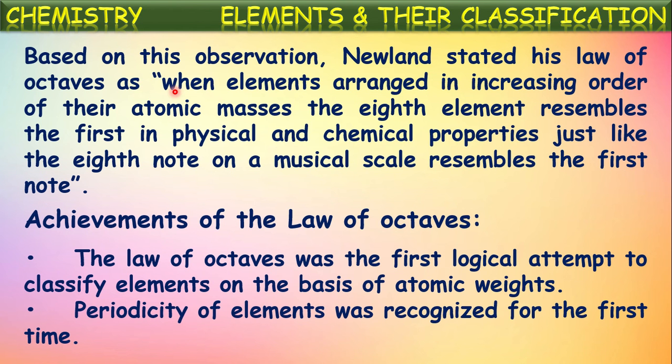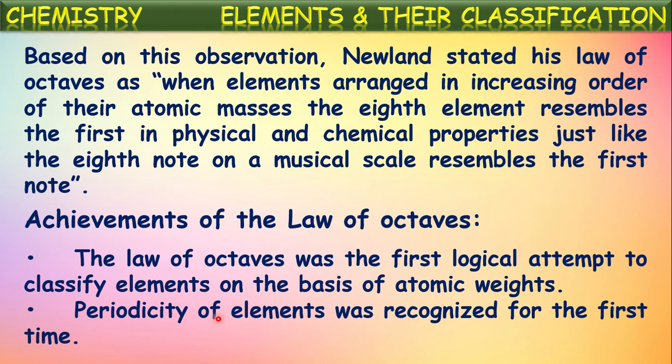Periodicity of elements was recognized for the first time. This is very important. Periodicity was observed in this. So when elements are written in the increasing order of their atomic weights, the properties of one element are being repeated by some other elements in that order, the consecutive eighth element to that.